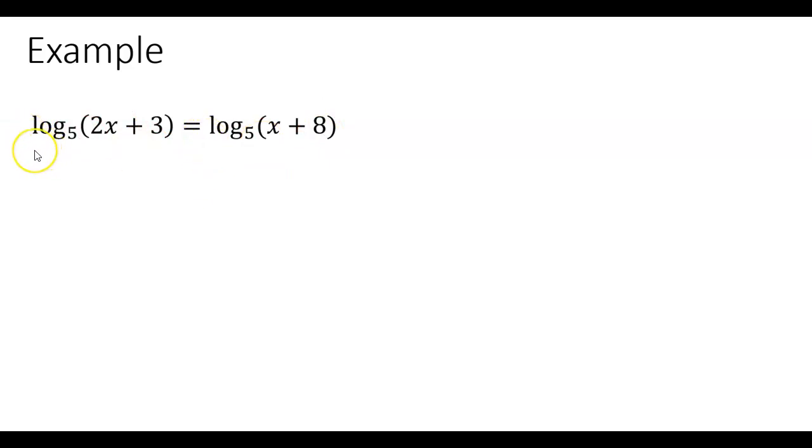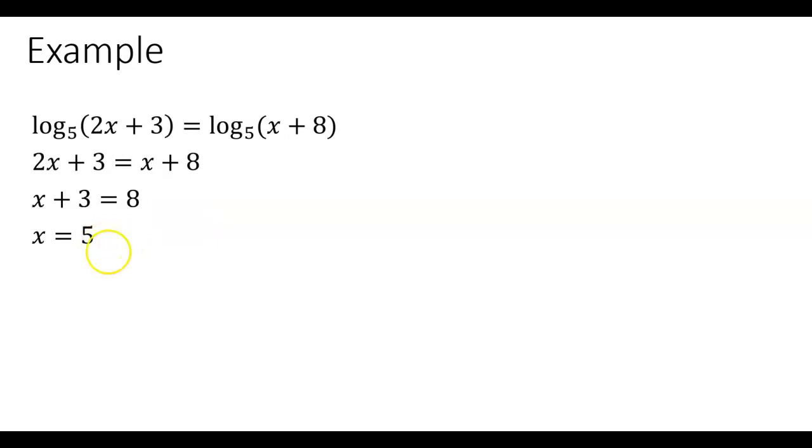So we're ready to use the rule we're just looking at, where these arguments have to be equal. So we can just set those arguments equal to each other and then solve for x. So 2x plus 3 is equal to x plus 8. If we subtract x from both sides, we'll get x plus 3 is equal to 8. Subtract 3 from both sides, and we should get x is equal to 5.